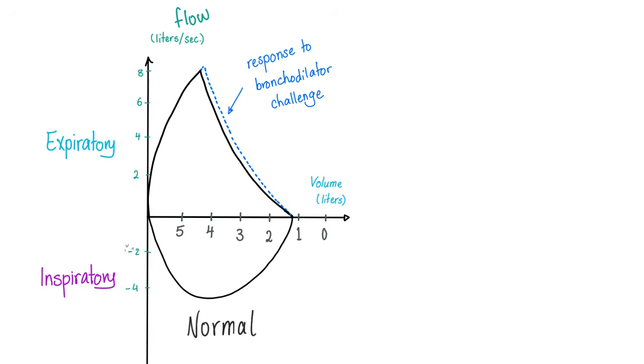So here is the flow volume loop. The black curve is before giving a bronchodilator and the blue curve is after giving a bronchodilator. You see, normally there is a change, but it's very teeny tiny and minimal. Yes, if I give a normal person beta-2 agonists such as albuterol, you'll improve your flow, but not too much because you are already normal.